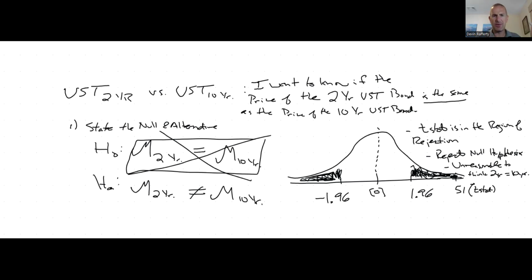How do we know that the 2-year and the 10-year treasury bond don't have the same price? Pretty simple, because the test statistic is 51, and 51 is in the region of rejection. If the test statistic is in the region of rejection, we reject the null hypothesis. The null is that the 2-year and the 10-year are the same.